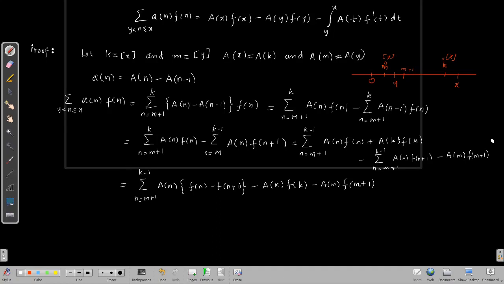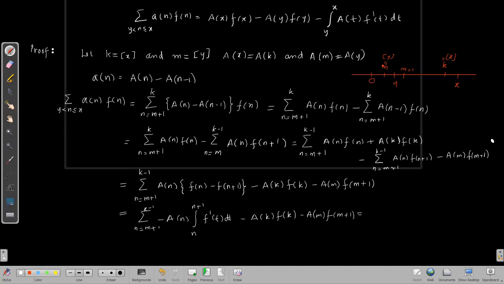So this is equal to the summation n equal to m plus 1 to k minus 1 of A of n times minus the integral n to n plus 1 of f dash t dt, plus the same terms A of k f of k minus A of m f of m plus 1.